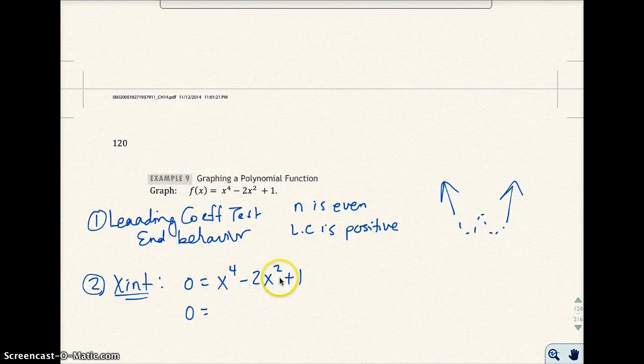There's no number that goes in all 3 of them. So I'm going to try the AC method. 1 times 1 is 1, and b is negative 2. What 2 numbers multiply to give me 1 but add up to negative 2? Negative 1 and negative 1. So I get x to the 4th minus 1x squared minus 1x squared plus 1.